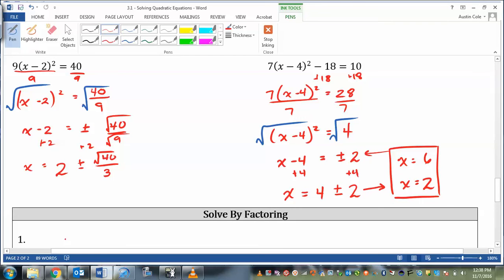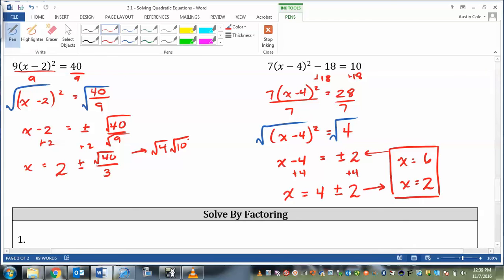Okay, now, let's look at 40. Can I simplify 40? Meaning, what's the largest perfect square on my list that's a factor of 40? 4. So, as a side note, the square root of 40 is the same thing as the square root of 4 times the square root of 10, right?